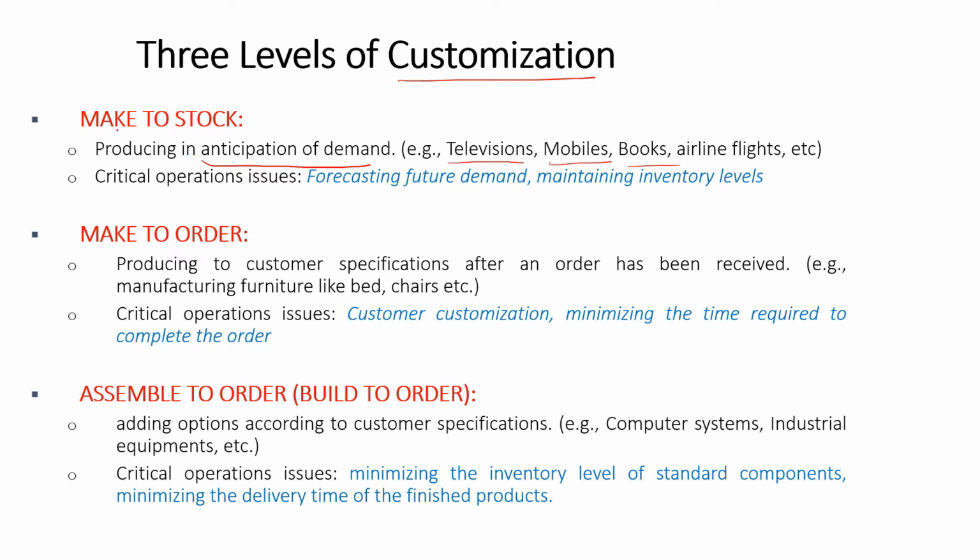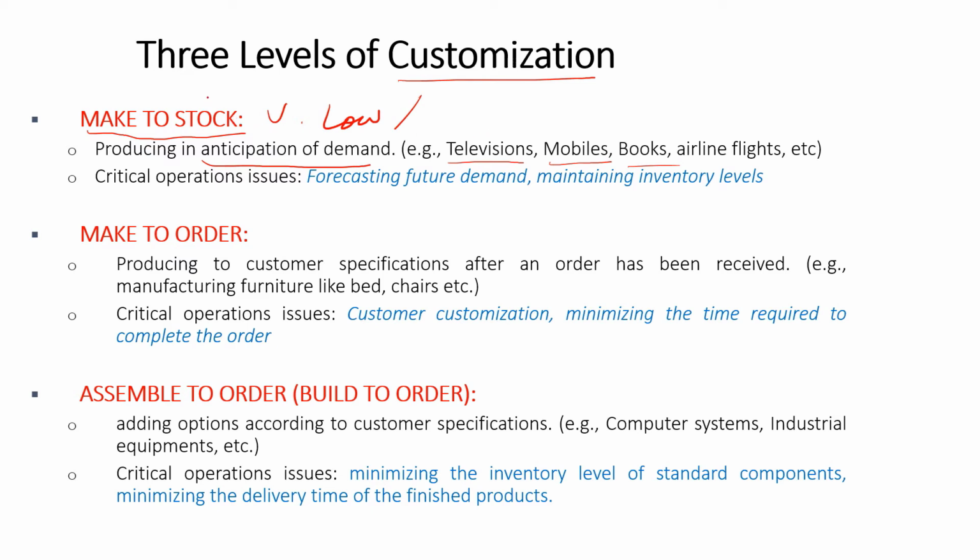So in this particular case the customization level is very, very low. Okay, very low customization level, or we can say we are purely producing a standardized product. We are focusing on the mass audience in order to provide the particular product.